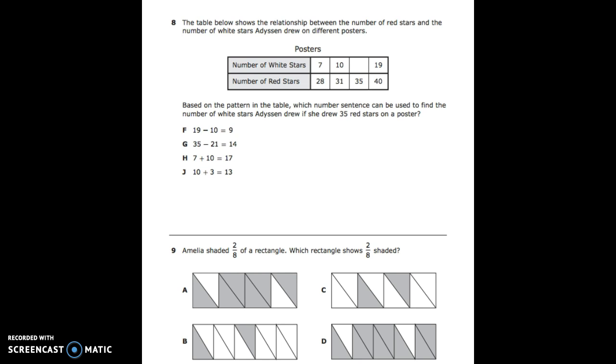F, 19 minus 10 equals 9. G, 35 minus 21 equals 14. H, 7 plus 10 equals 17. Or J, 10 plus 3 equals 13.